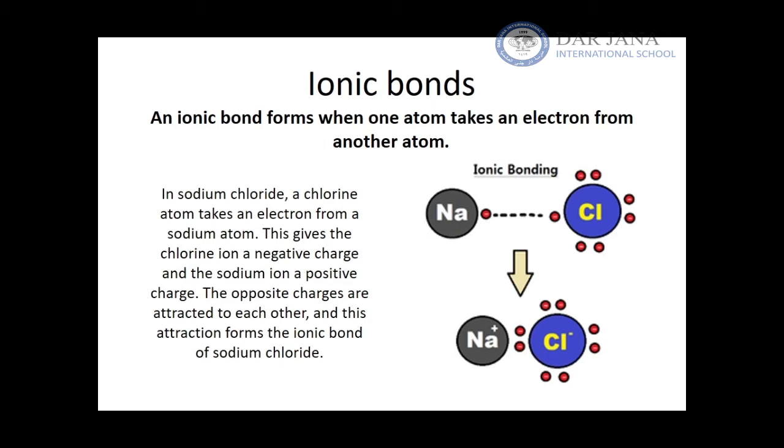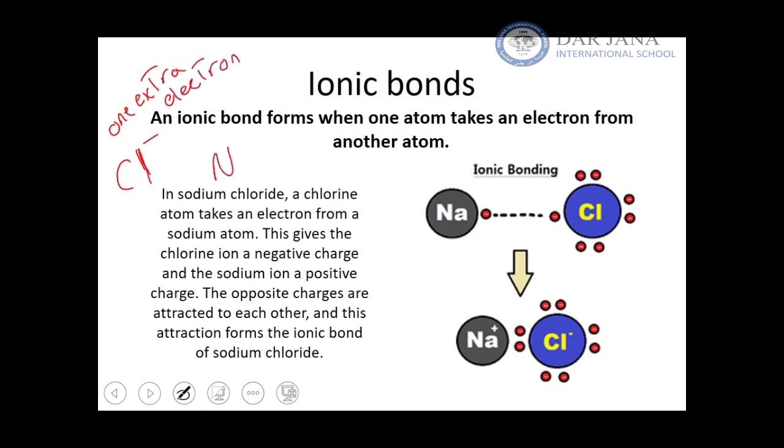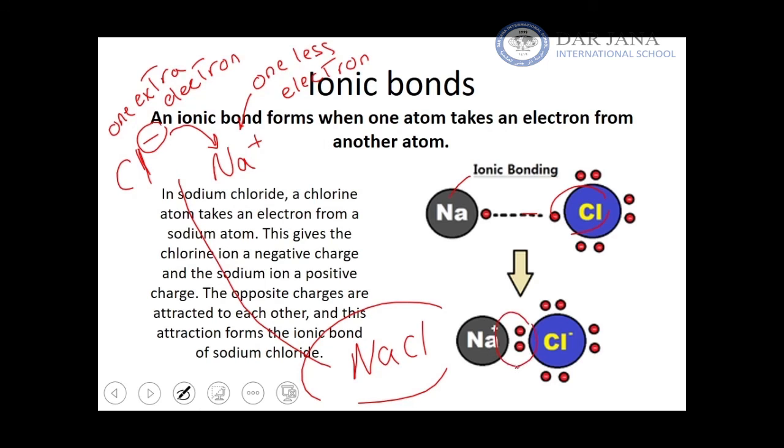In sodium chloride, the chlorine here has a negative charge, so it has one extra electron. But sodium has a positive charge, which means one less electron. So a sodium atom loses one, and the chemical bond is formed between the two atoms.